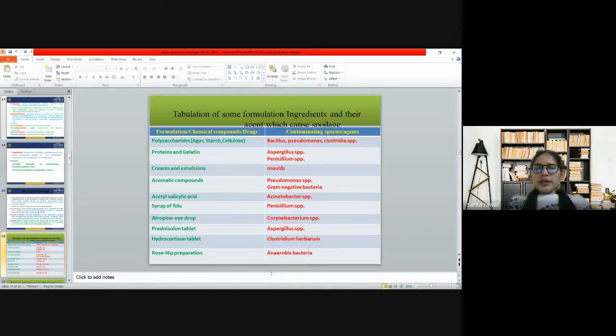Then prednisolone tablet is contaminated by Aspergillus species. Then hydrocortisone tablet is contaminated by Cladosporium herbarum. Rose hip preparation is contaminated by anaerobic bacteria. So these are some examples of formulations and their contaminating agents.